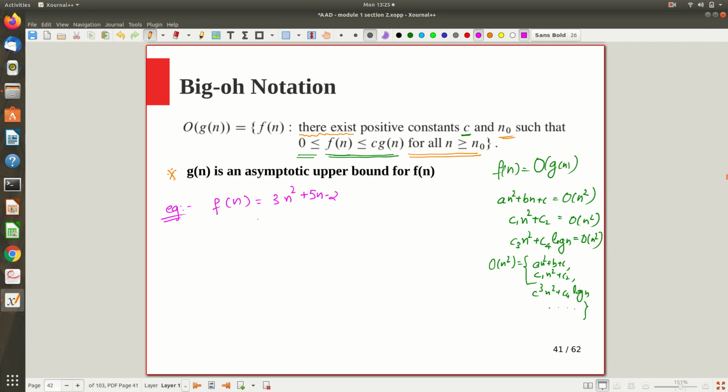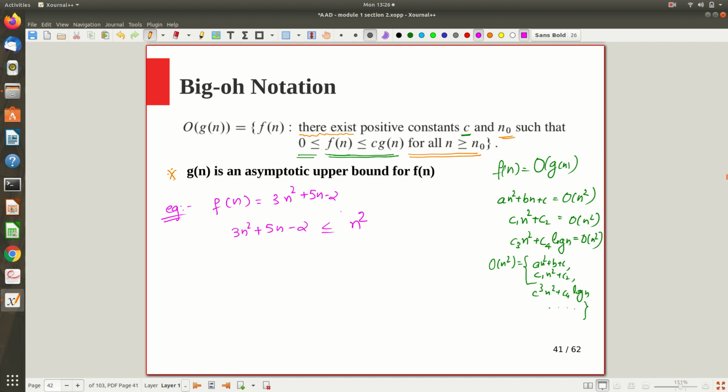We don't know, so can you guess what will be c? So what we need is 3n square plus 5n minus 2. The dominant term is n square, so I need something bigger than this. If I'm taking something like n here, it's not going to match, because n square is the dominant term, right? So g of n should be minimum n square, or it can be maximum anything. Because I'm looking at an upper bound, if you're taking n cube, definitely it may be bigger.